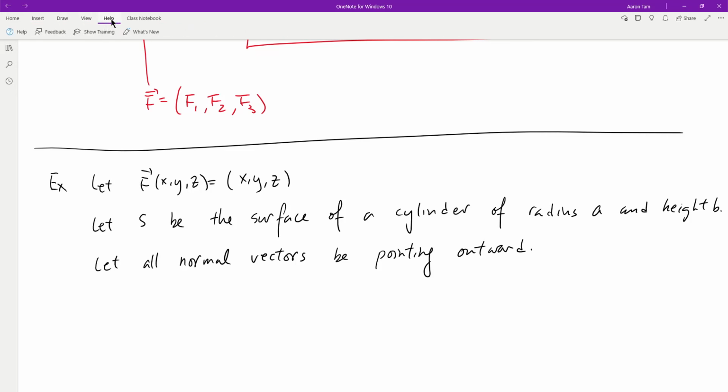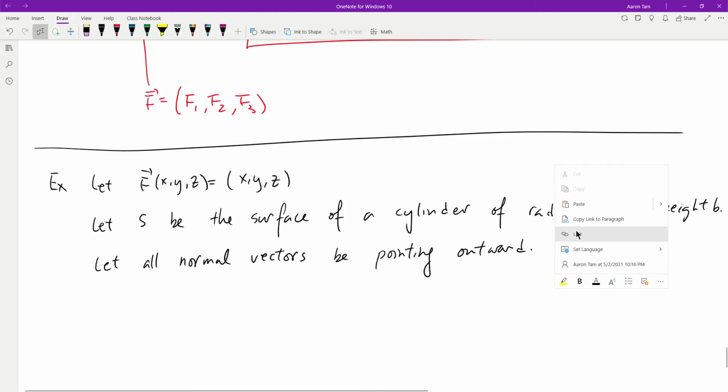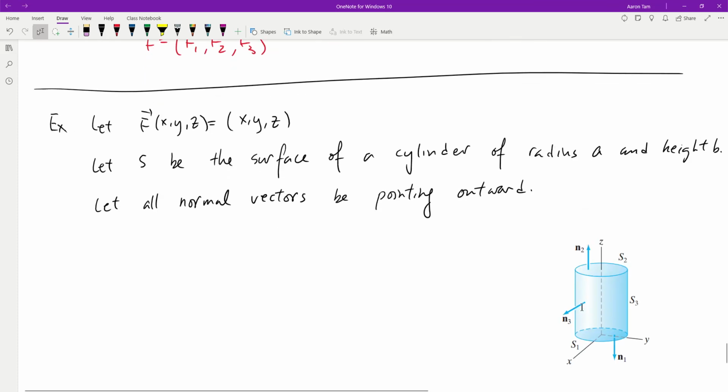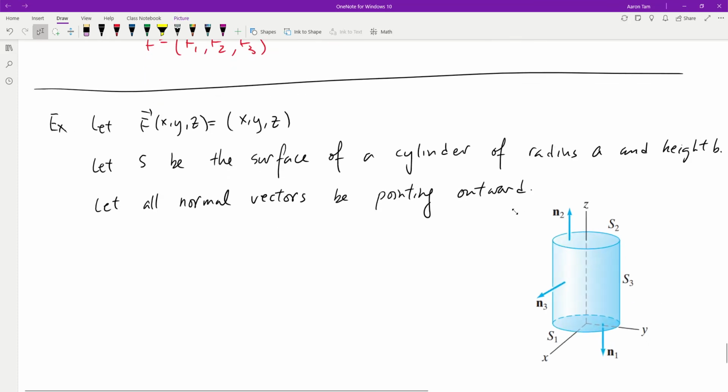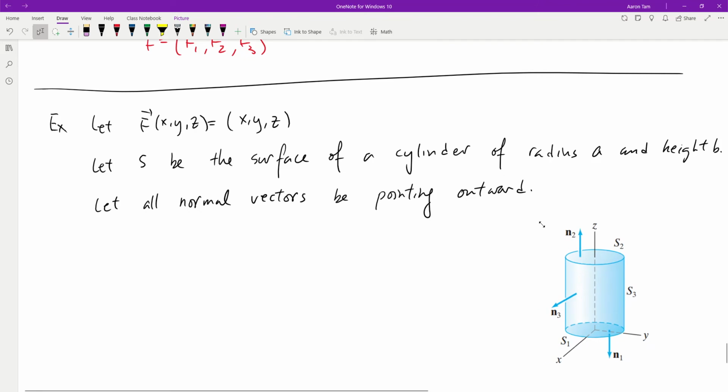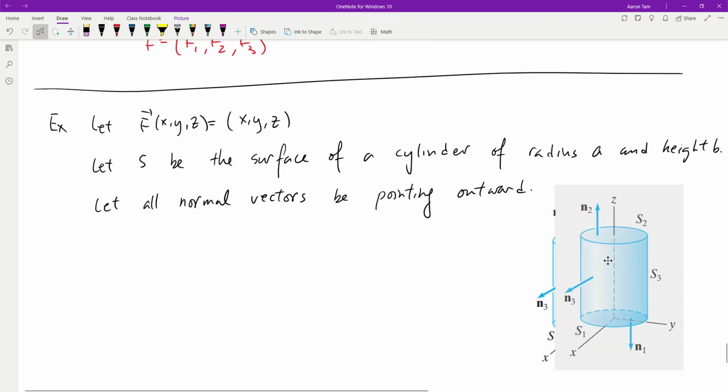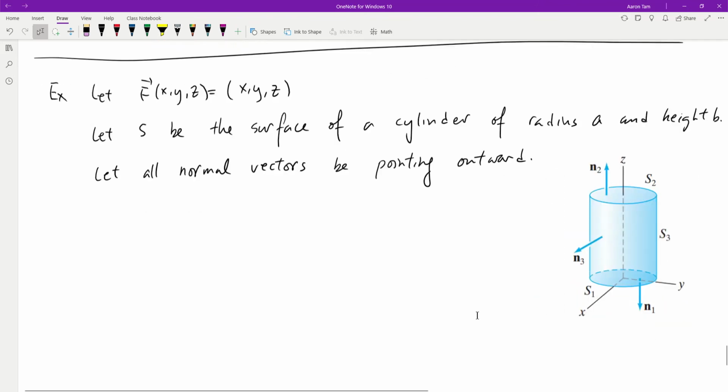Not what I wanted. There you go. Oops. Okay, let's see if I can put it somewhere over here. So that's basically what it is.